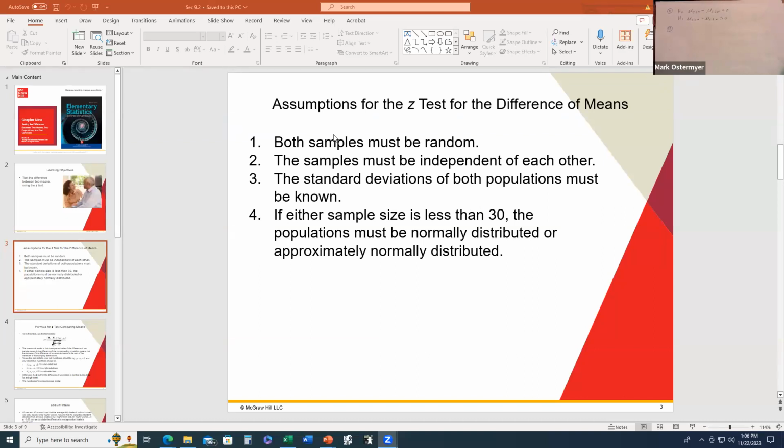In order to conduct a two population z-test, these assumptions must be valid. Both samples are randomly chosen from the respective populations. Both samples are independent of each other. The standard deviations of both populations are known.